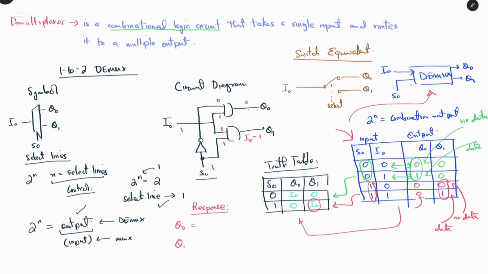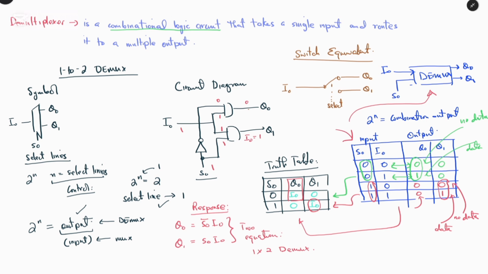Looking at this truth table, we can say that Q0 is equivalent to S0 bar and I0, and for Q1, we have S0 and I0. So these are the two equations that represent the response of the 1 to 2 DEMUX.